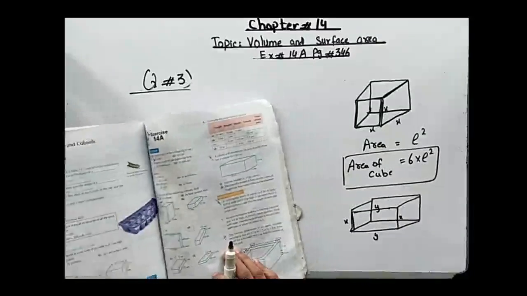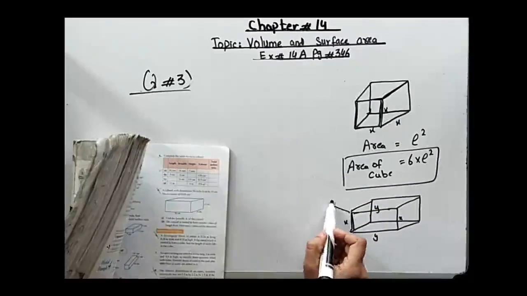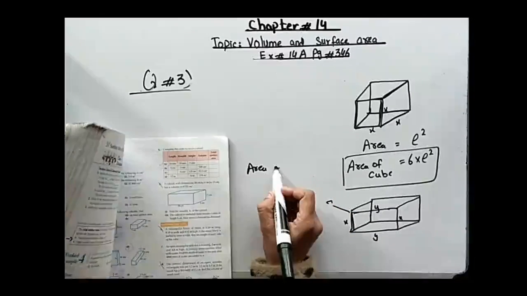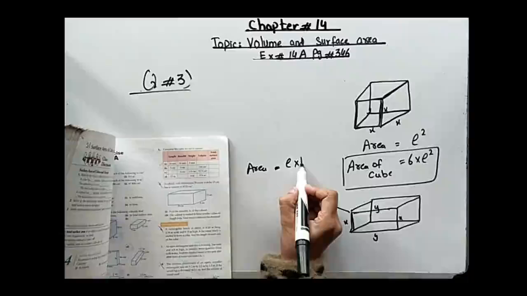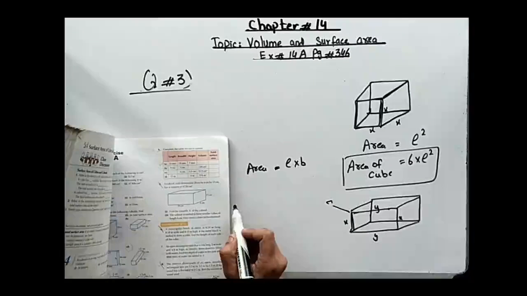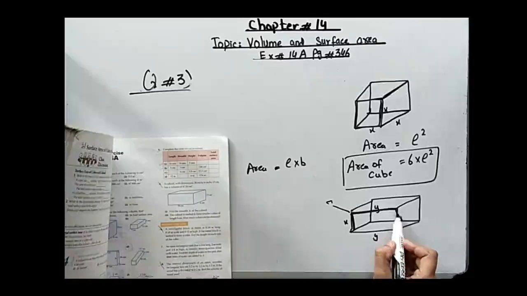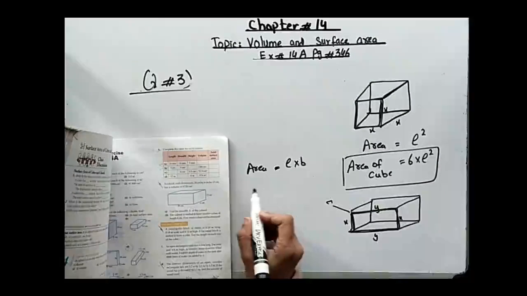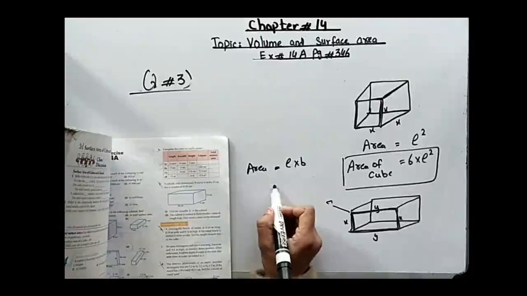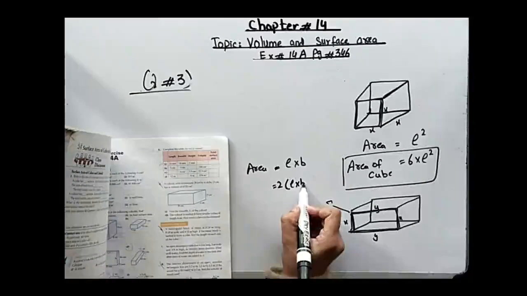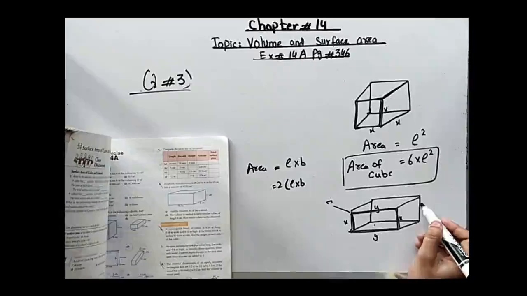How can we find the area of this cuboid? As we know, the area of a rectangle is equal to length multiply breadth. So the area of the cuboid will become 2 into length multiply breadth, because this side and the back side are the same.